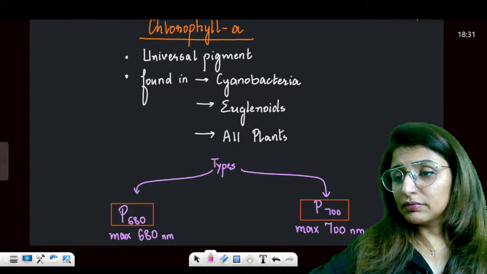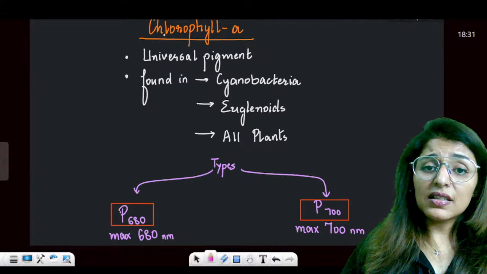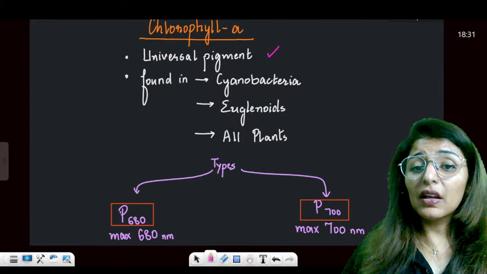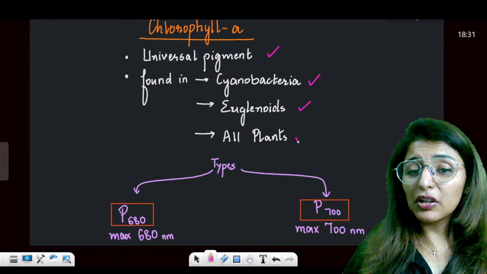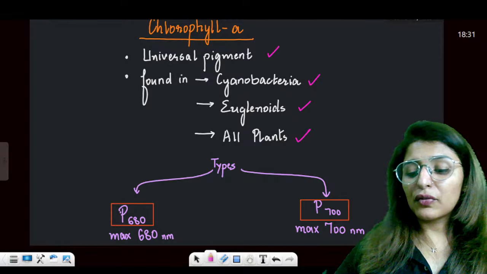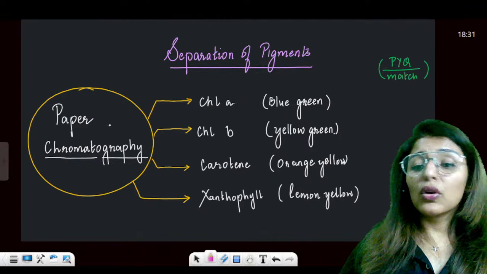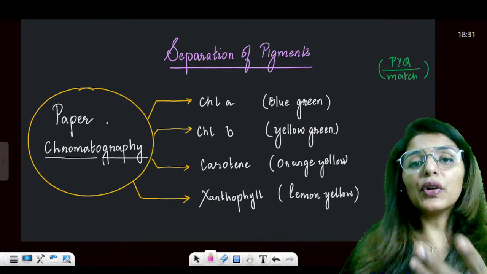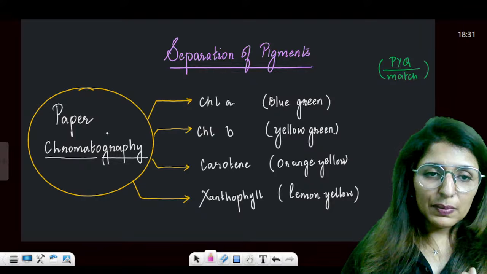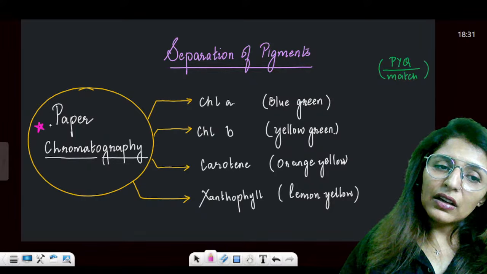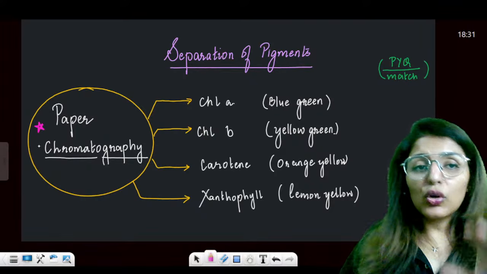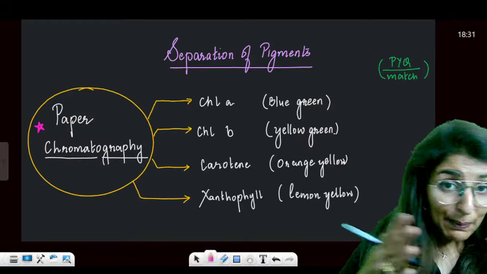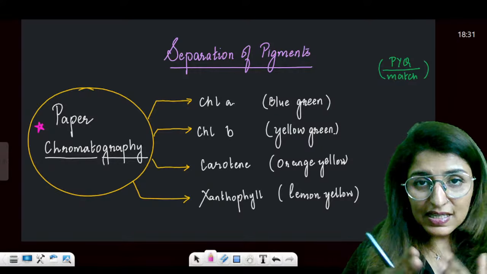Now, this is chlorophyll A, the universal pigment found in cyanobacteria, euglenoids, and all plants. And there are two types, already discussed. So how do we know that there are different types of chlorophylls present? We have a technique known as paper chromatography to separate these pigments and study their presence.